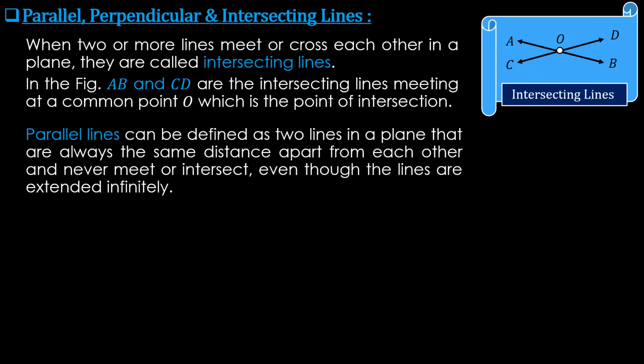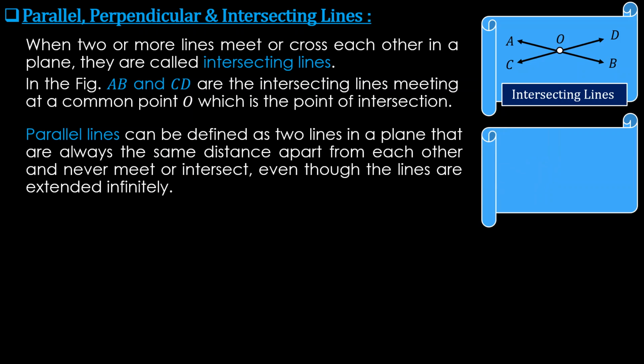Parallel lines. Parallel lines can be defined as 2 lines in a plane that are always the same distance apart from each other and never meet or intersect, even though the lines are extended infinitely. Let's look at the figure. So here PQ and RS, these are the 2 lines. We can see 2 lines in a plane that are always the same distance apart.